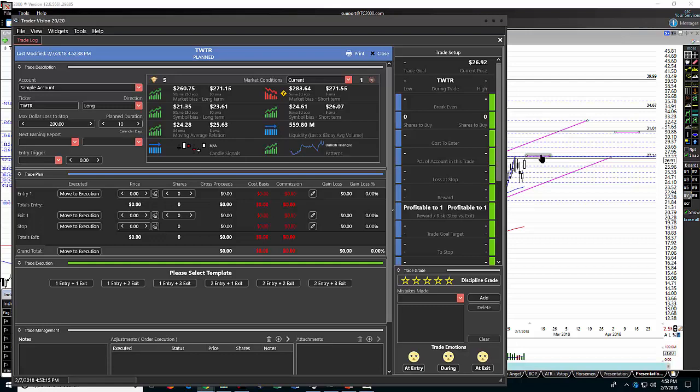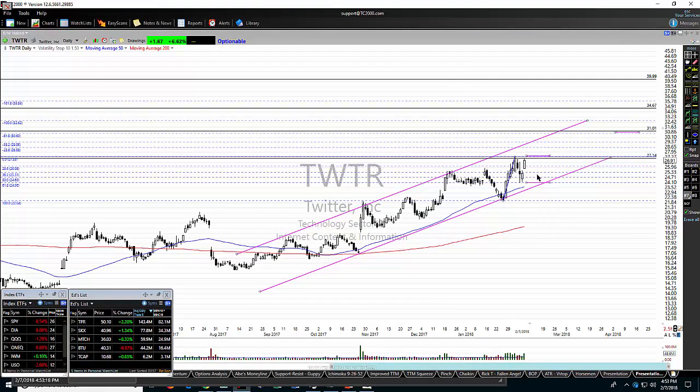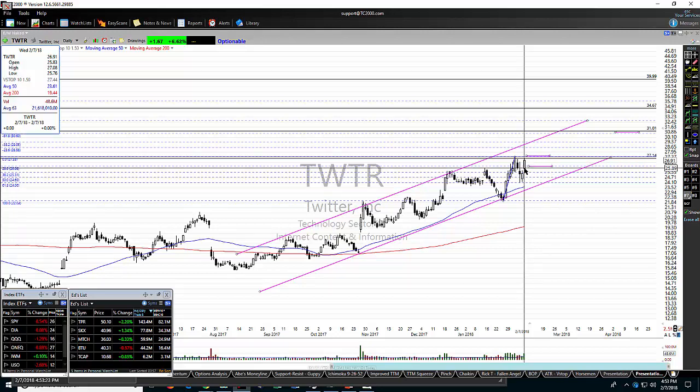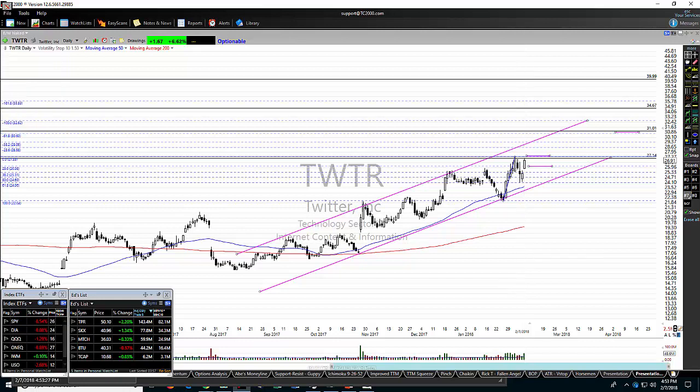But let's just say that we're going to look at an entry of about, the V-stop hasn't even flipped yet. But let's just say that we can get over here and we'll put our stop here at the 23.6.